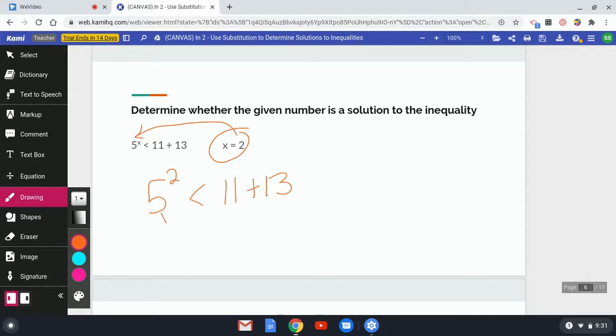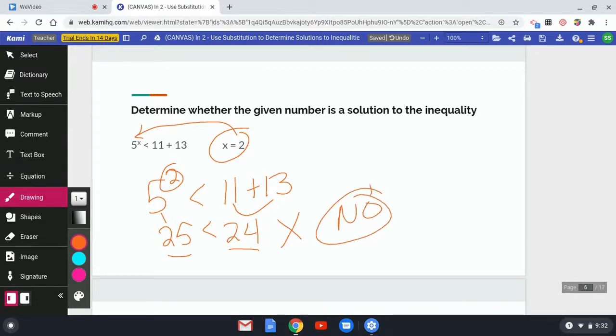What's 5 to the second power? 25. If you thought 10, remember, exponents mean repeated multiplication. And what's 11 plus 13? 24. Is 25 less than 24? No. So 2 is not a solution. It would not show up on our number line for this inequality.